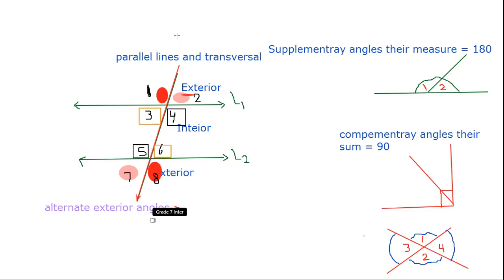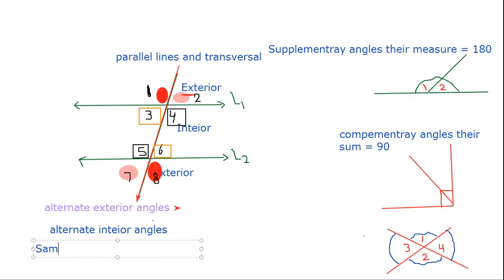So the second type of angle, we can say that we have alternate interior angles.